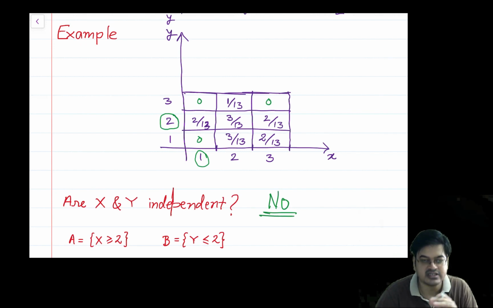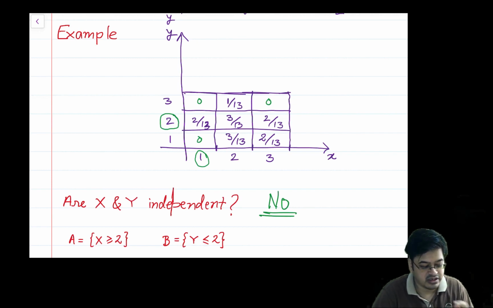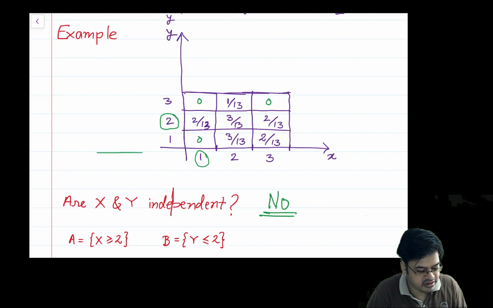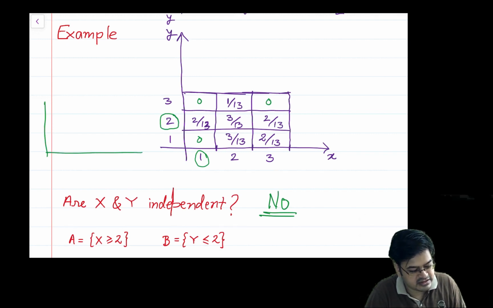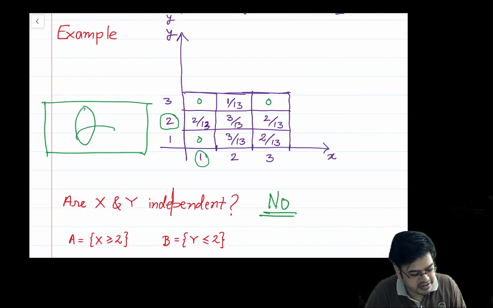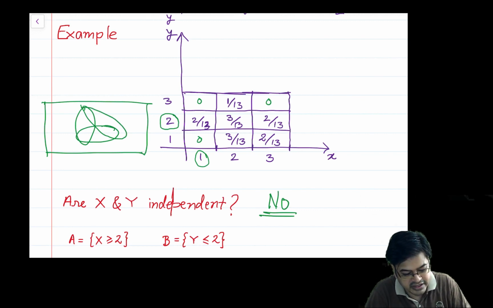Then when we studied probability theory for events, we also saw one notion of conditional independence. So what does this conditional independence involve? If you remember the diagram that I have drawn, we had something like this, and then we had some A and B, and then I drew something like C which doesn't have any overlap between A and B. Let me erase it because it had some overlap.